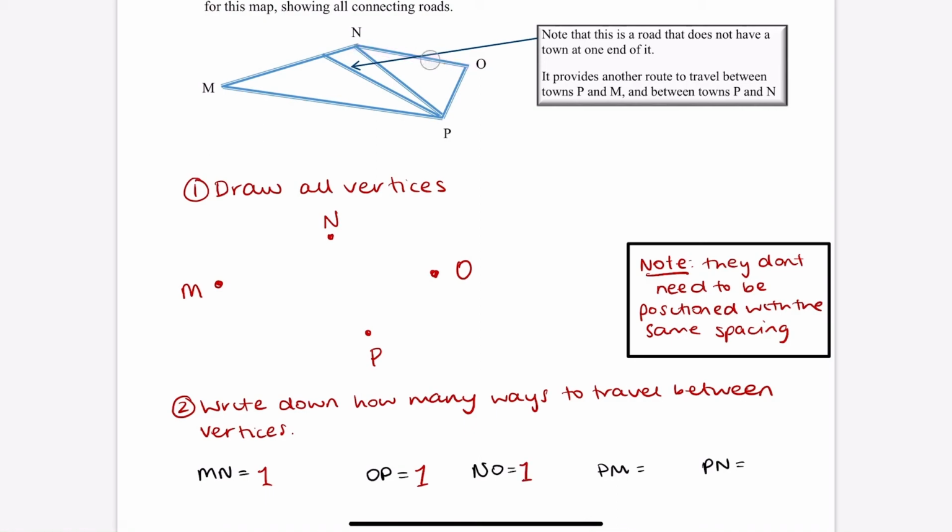Now you test P and M. P and M can go through here, but then also you can go this direction here. And that's it. So there's 2 ways you can get from P to M. Lastly, we need to do P to N. So P can go straight to N like this, or it can go through this avenue here.